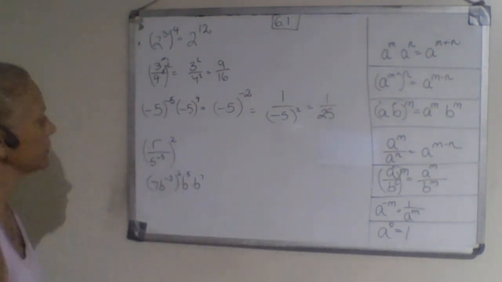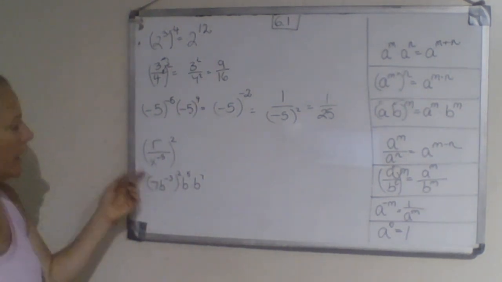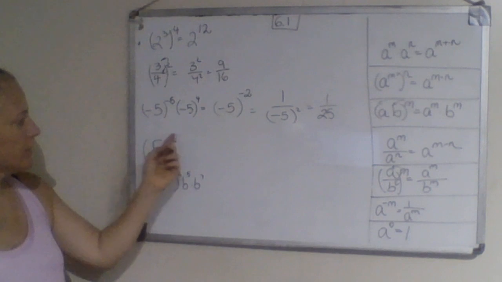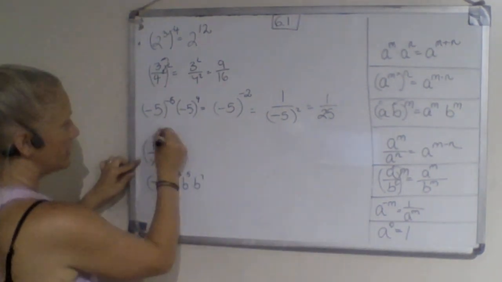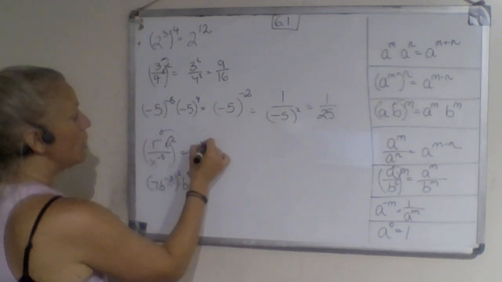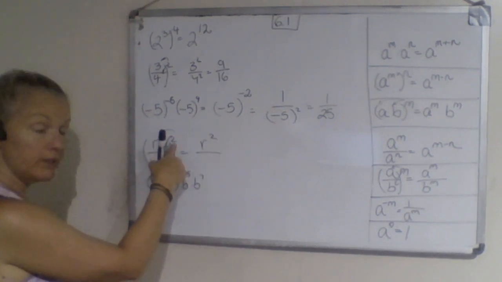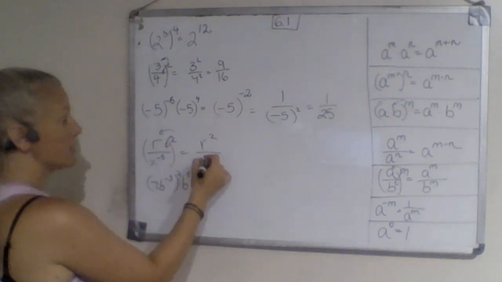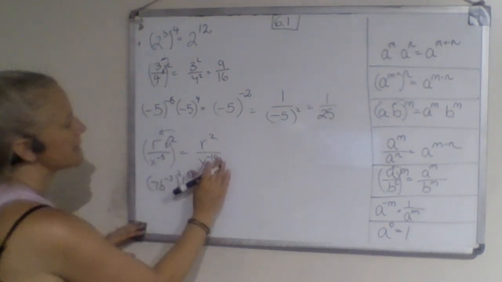Let's do some variables. R over, I'm going to make this an X, I hate S. X to the negative 5, all of it to the second power. The first thing I'm going to do is distribute. This becomes r to the second. And remember, this is to the fifth, all of it to the second, so I need to multiply over x to the negative 10. Why did I multiply? Because I skipped a step.